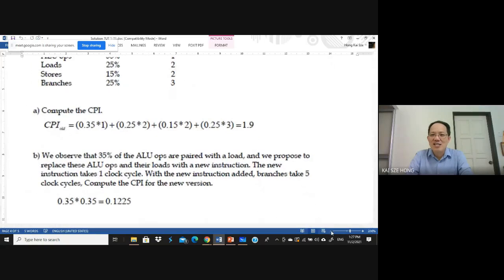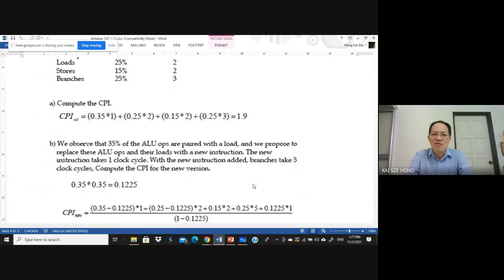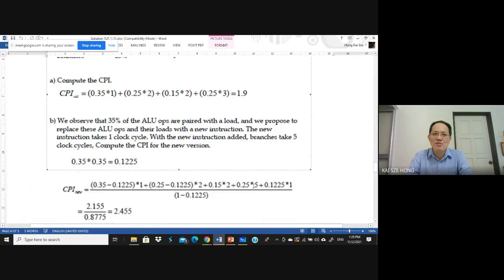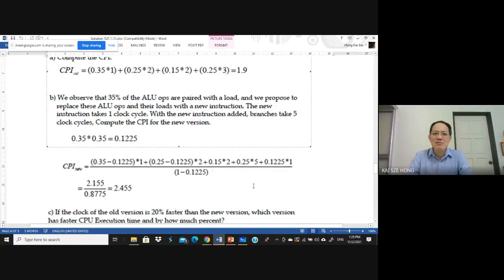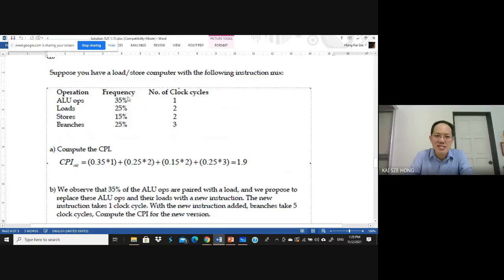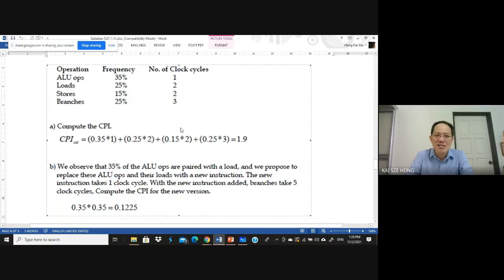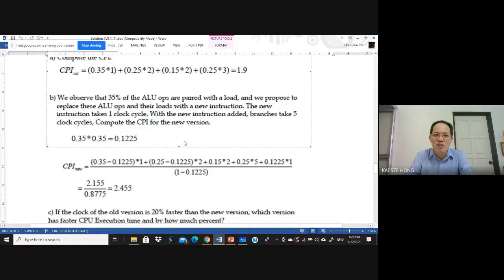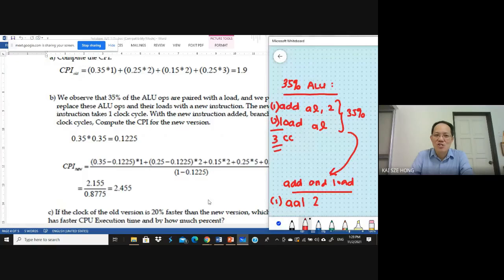So in this case, we want to calculate the new CPI. The new CPI will be equal to this. As you can see, the number of instructions that can be reduced is this one: 0.35, 35% of the 35%. You see, 35% is ALU operation, and 35% out of this 35% can be converted to another type of operation.